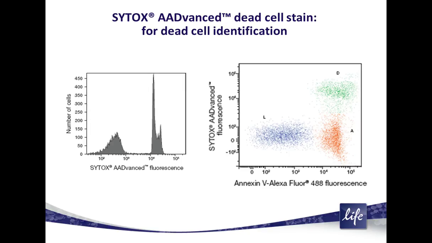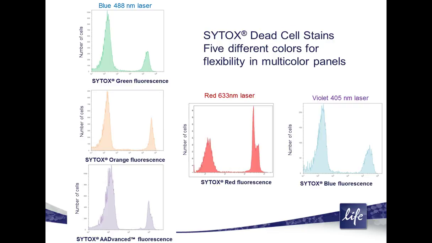Cytox Advanced is a dye that has very similar spectral properties to 7-AAD, but it is a much smaller molecule, and so it does reach equilibrium much more quickly. This is an example of using Cytox Advanced along with our Annexin 5 assay, and we'll discuss this a little bit further, but in this case it is not a gating parameter, but it is part of the assay.